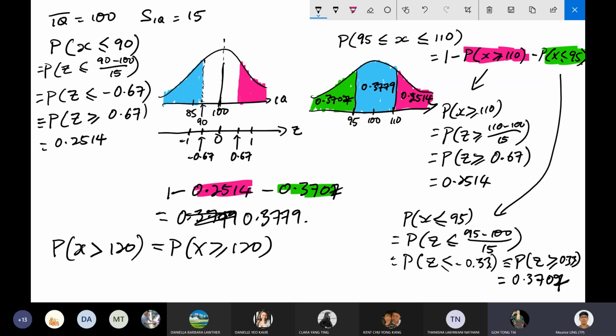It's a line, and a line has no area. Remember, we mentioned it in the lab before.